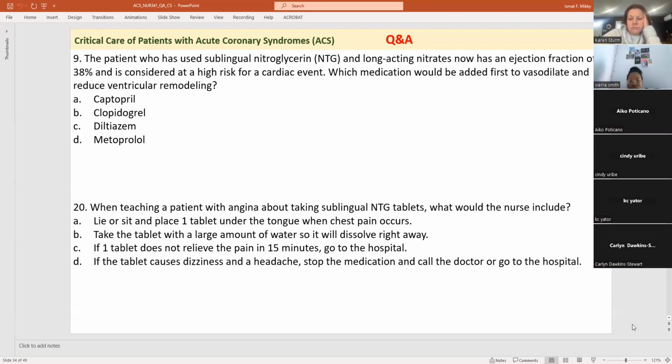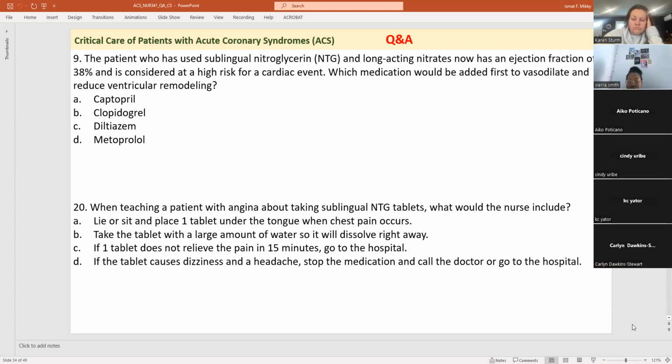Then diltiazem, Cardizem, is a CCB, a calcium channel blocker, so it would be used to decrease vasospasms. It's good for vasospasm, but it's not known to prevent any ventricular remodeling. And then metoprolol is a beta blocker that usually inhibits the sympathetic nervous system of the heart.